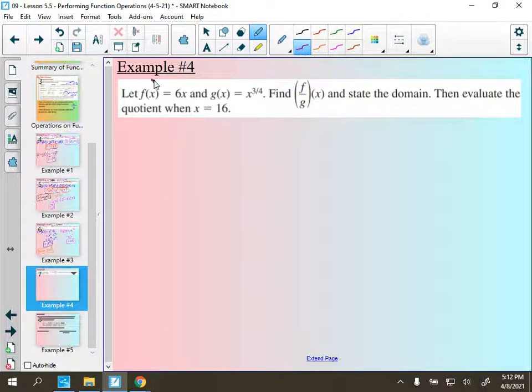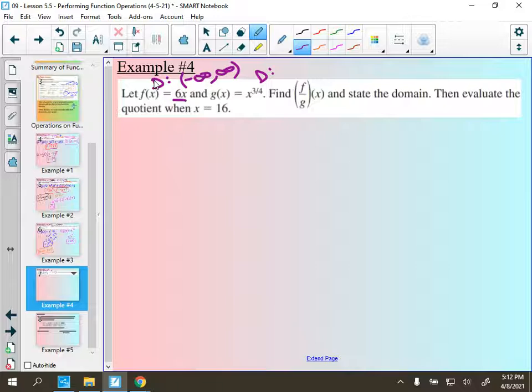So following our process, identify your domains initially. This 6x, that's linear, right? Unrestricted, negative infinity to infinity, all real numbers. This is kind of that tricky one. This one actually, I think, came up in our review summary page. The x to the 3/4 power is somewhat disguised there, but that is an even root function.